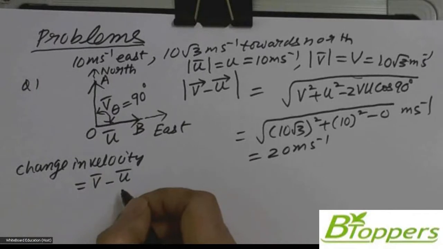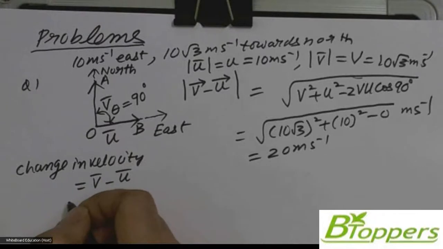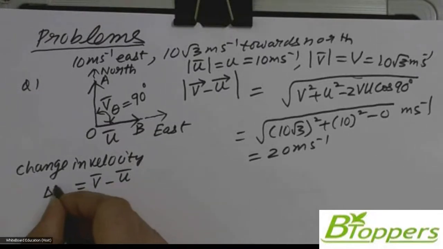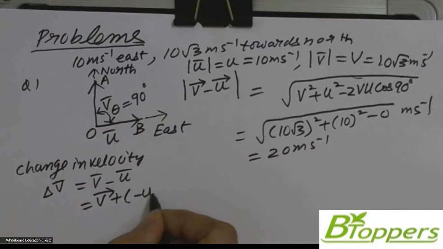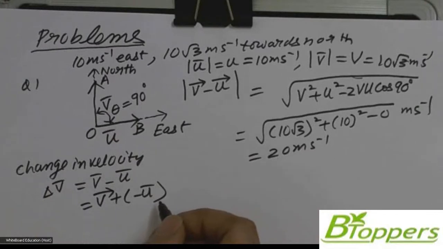In general, if a bar and b bar are two vectors, the vector difference a bar minus b bar is defined as the vector sum of a bar and minus b bar. The same way, the vector difference v bar minus u bar can be written as the vector sum of v bar and minus u bar.